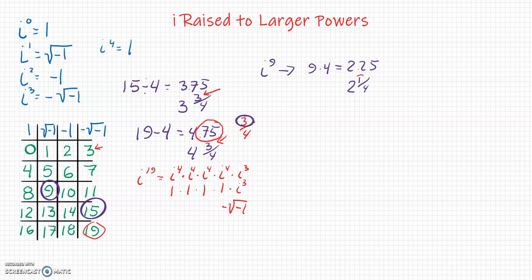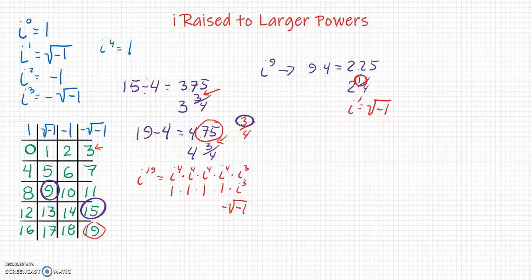So we're just focusing right there on the 1, and i to the 1st is the square root of negative 1. So any one of the numbers in the row with the 9, when we divide by 4, the remainder will be 0.25. That's the part we're focusing in on. That'll let us know our answer is the square root of negative 1.